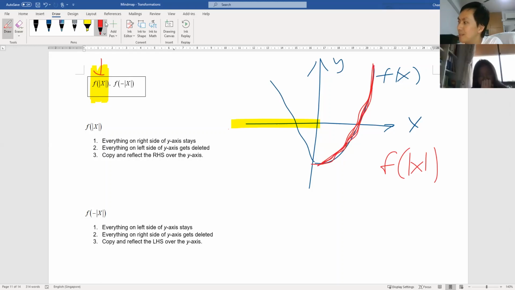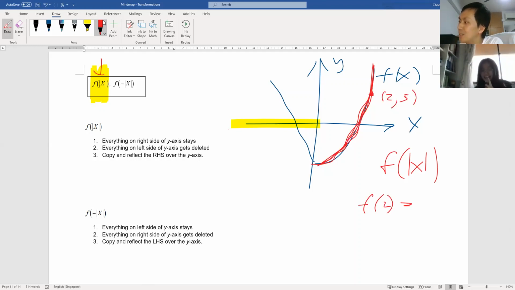Let's say this point here is (2, 5). Is it just like the entire left side of the graph disappears? Would it be replaced with something else? If you input f(-2), it's the same as putting in f(2). So it's just like a double of the right side. That's why it's a copy and paste situation, not a cut and paste situation.